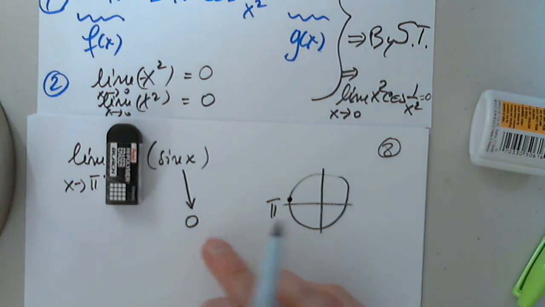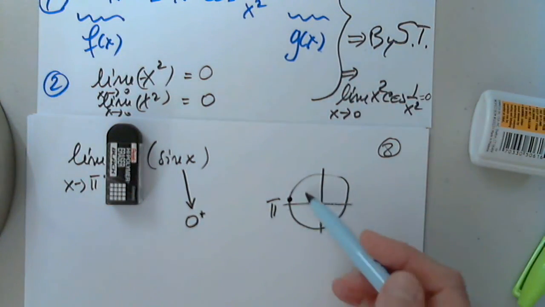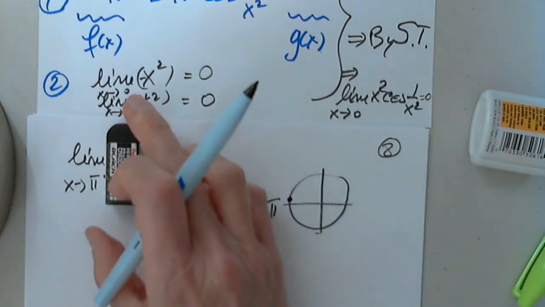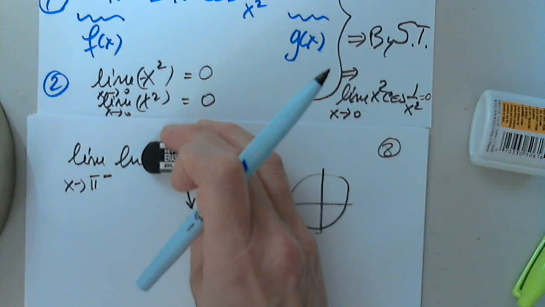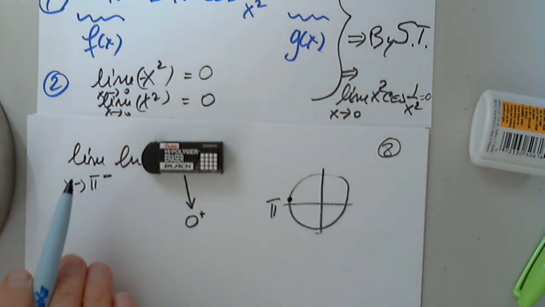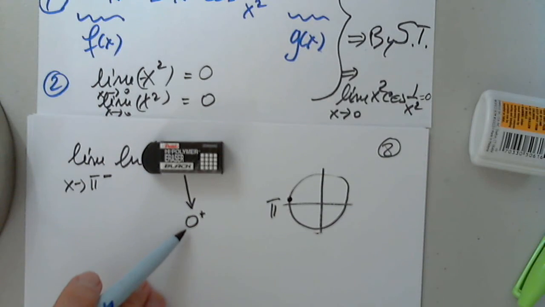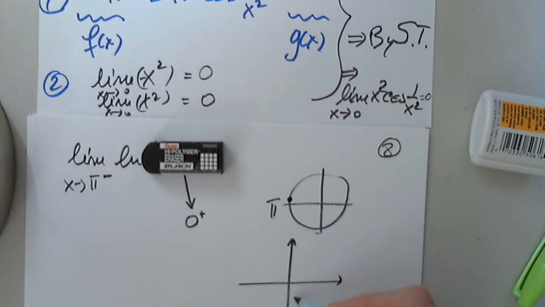But of course, 0 from the right with positive values, right? Because sine will be negative here. Good. So now let's think about this. Natural log from the right-hand side of 0. I don't know. Let's graph the function. This is natural log x.